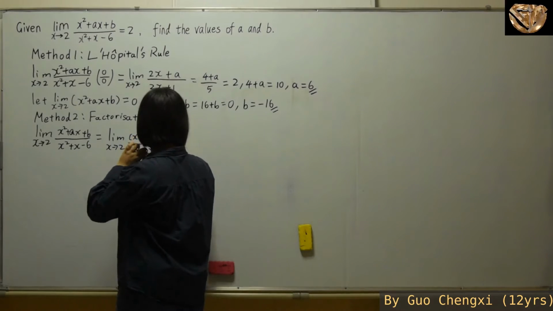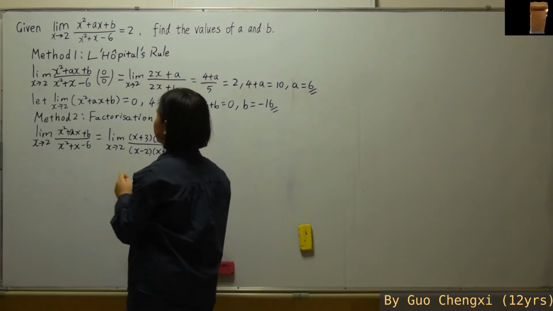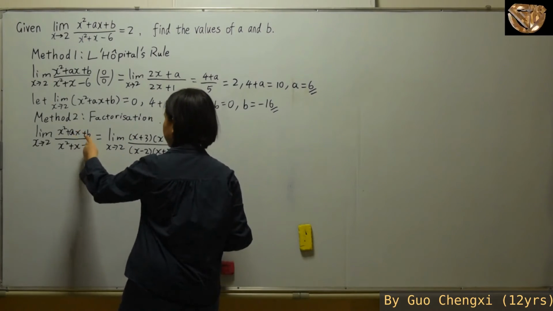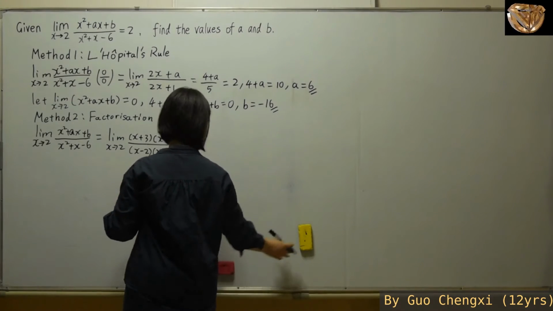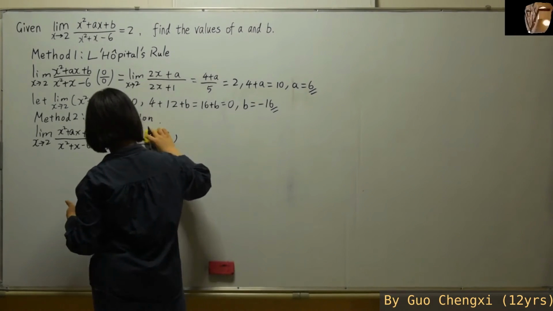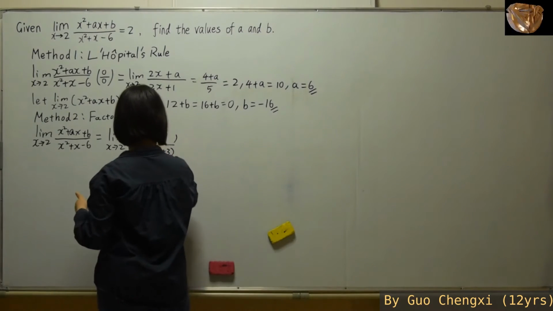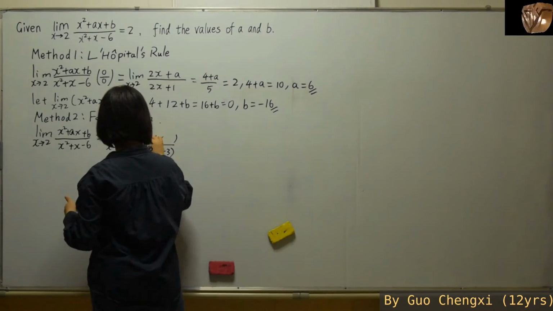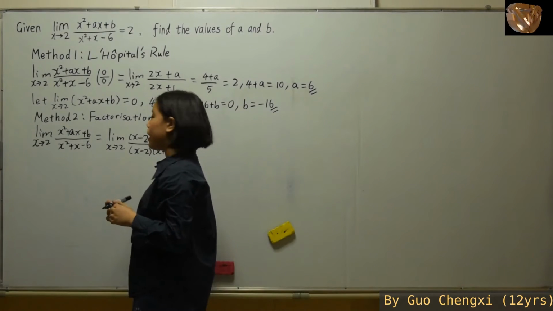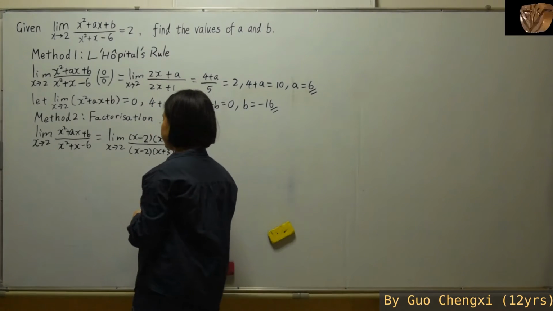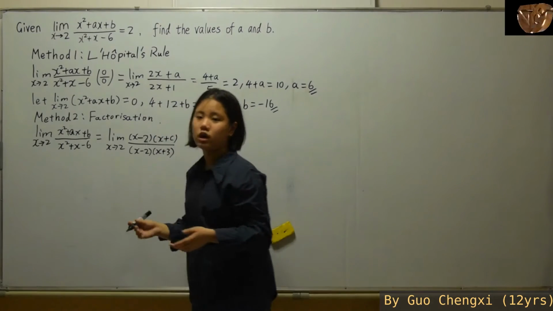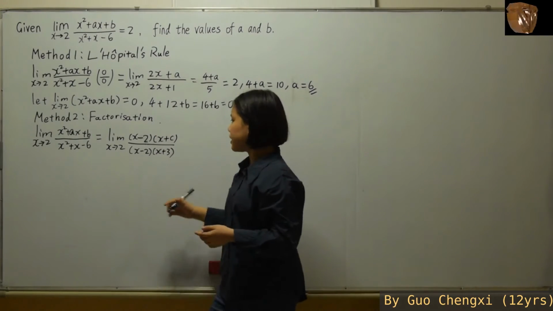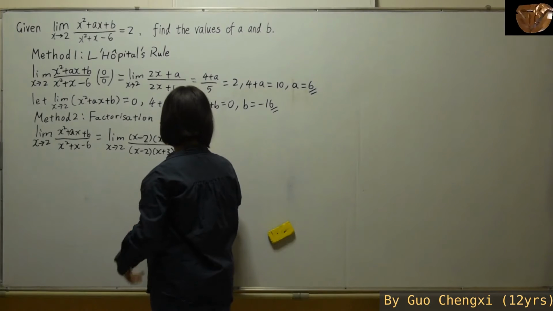And then for the other one, we cannot tell just yet. We are going to have our x minus 2, and then here we'll have x plus c. We do not know what c is because you literally cannot tell.